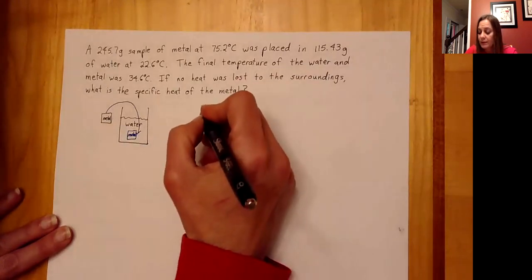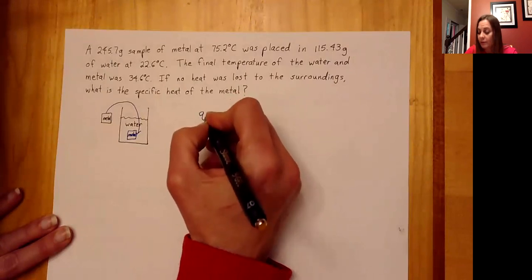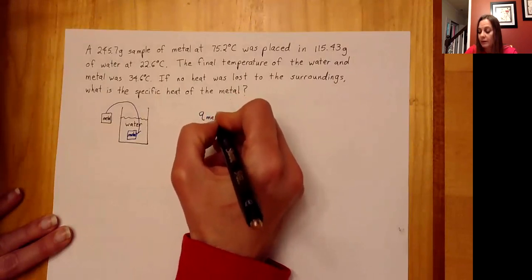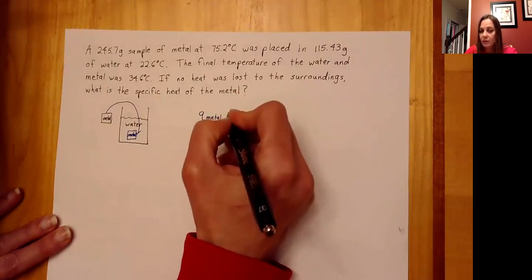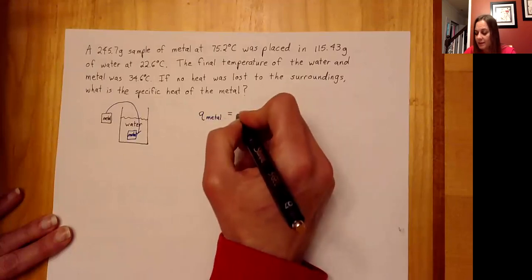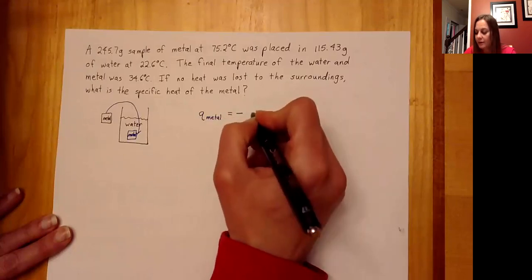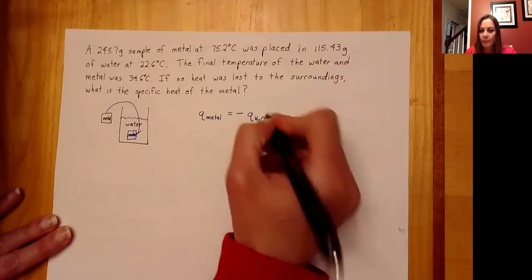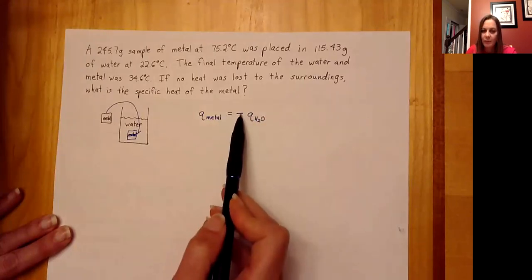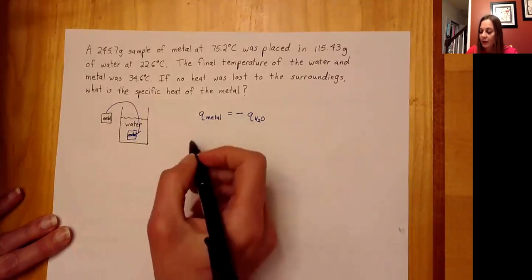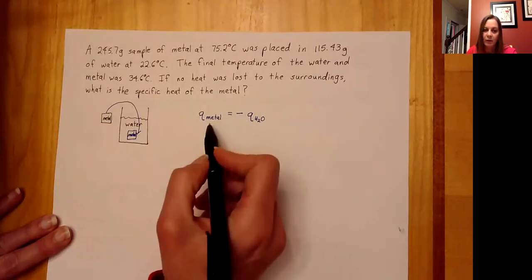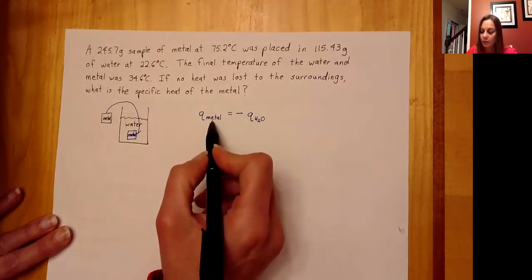And so we can say that the Q of the metal is equal to, but opposite in sign of the Q of the water. So it's important that they have opposite signs because one is going to be gaining heat and one is going to be losing heat. So now we can start thinking about plugging into our Q equation.